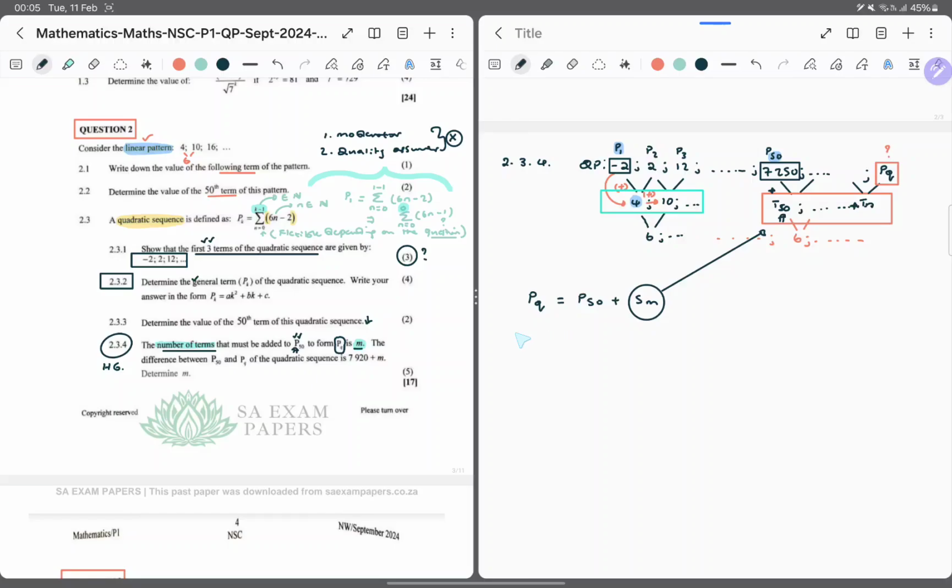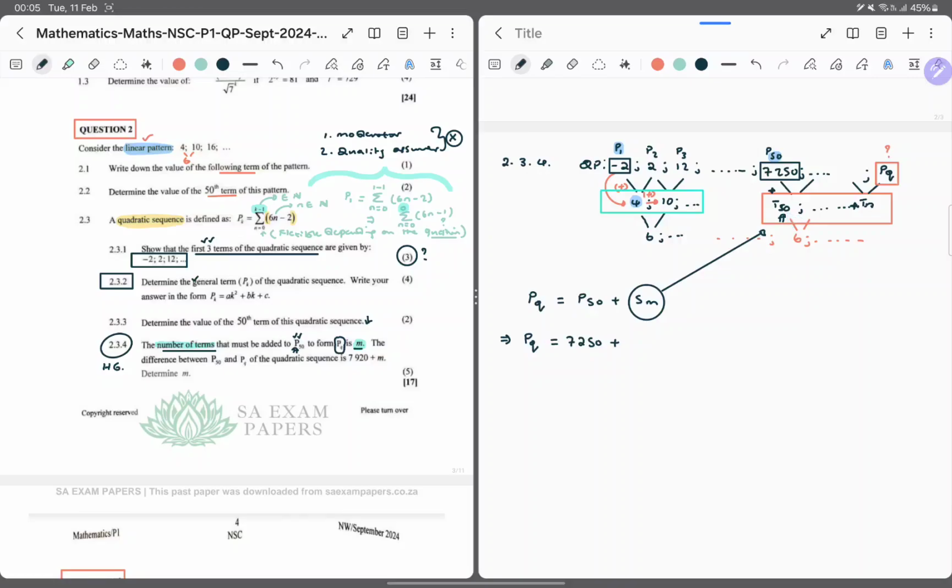So this implies that PQ is basically P50, which we know is 7250, plus S sub M, which is a bit of a challenge, because we still need the P50 of the arithmetic series.